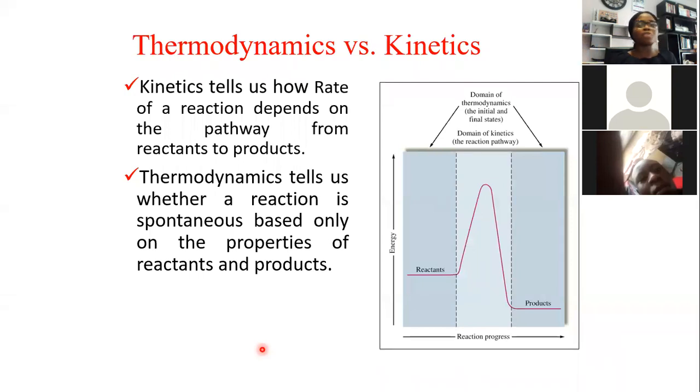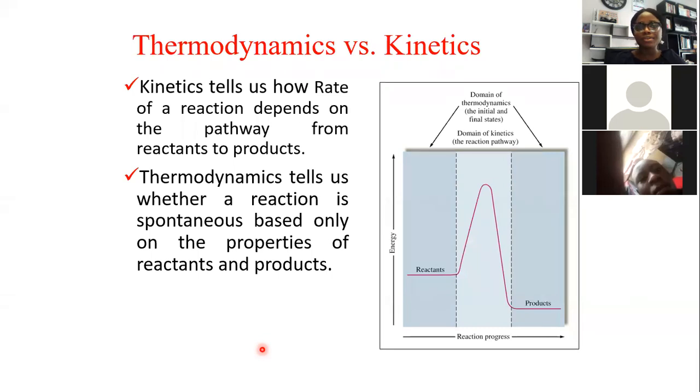You hear of some reactions that they tell you this reaction is thermodynamically favored or thermodynamically stable, but kinetically, no. Or you hear this is kinetically controlled. Do you understand? Some reactions are kinetically controlled, while some are thermodynamically controlled. They are two different things.